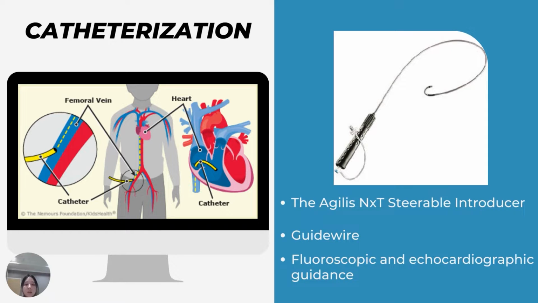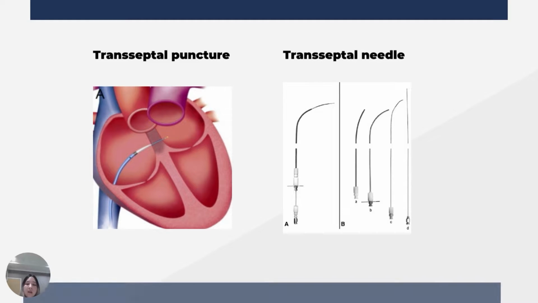The introducer is inserted through the guide wire to the right atrium by accessing the femoral vein and leading the catheter to the heart. In case of the need to access the left chamber, the transseptal puncture technique needs to be applied, using the transseptal needle for piercing through the septum to reach the left atrium.